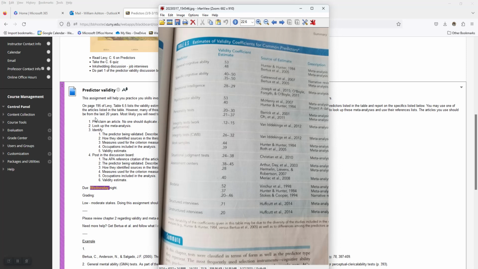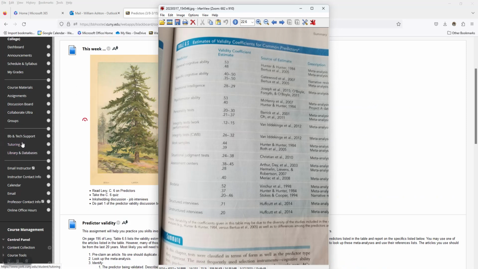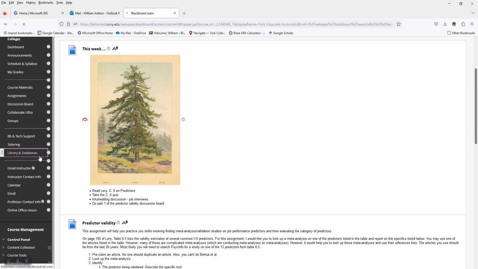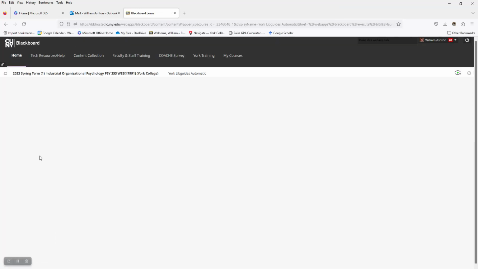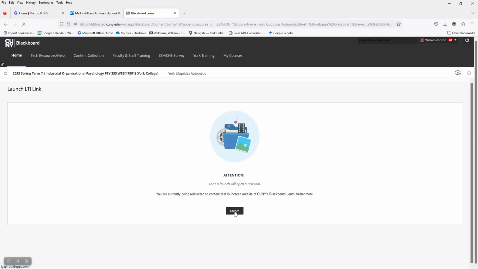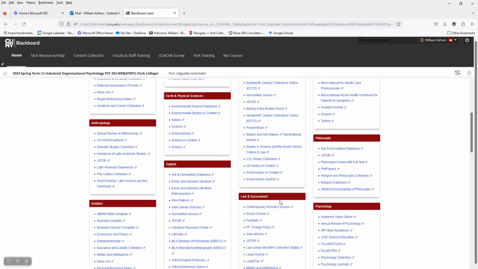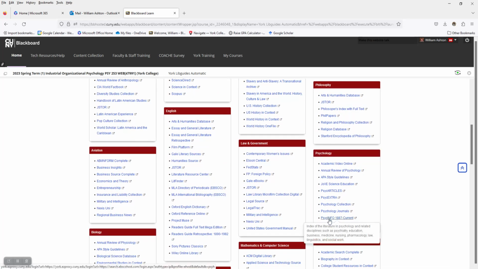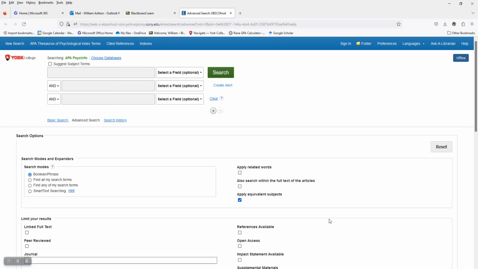What you should do then is go back over to your friend Blackboard and go to libraries and databases, and go down to PsycInfo.